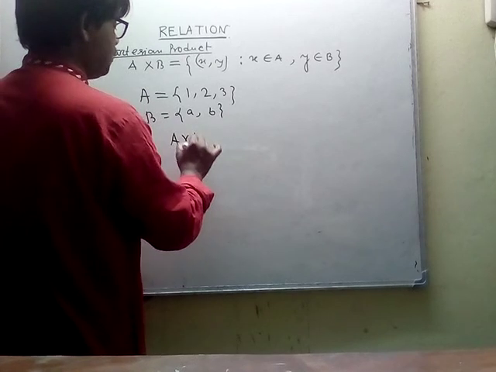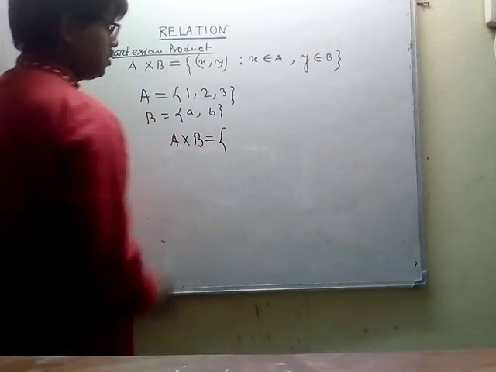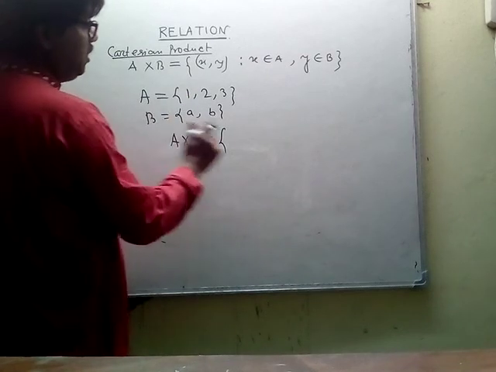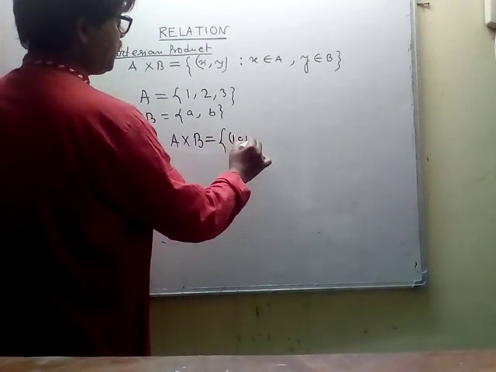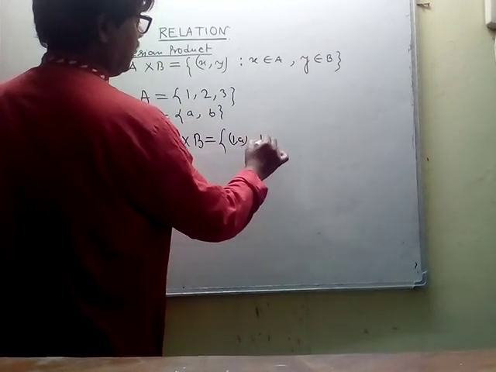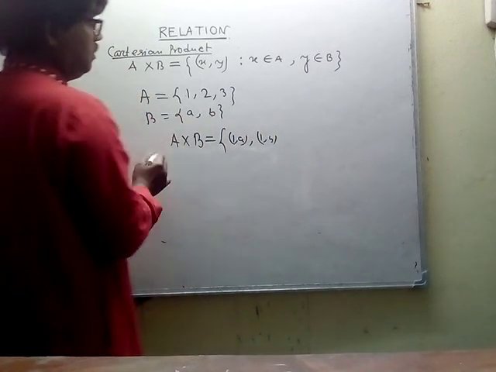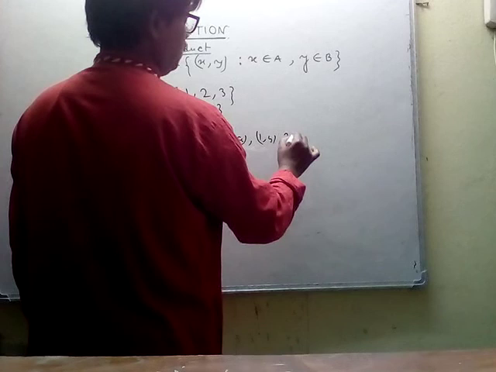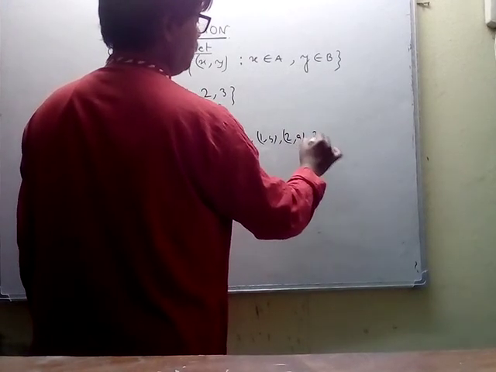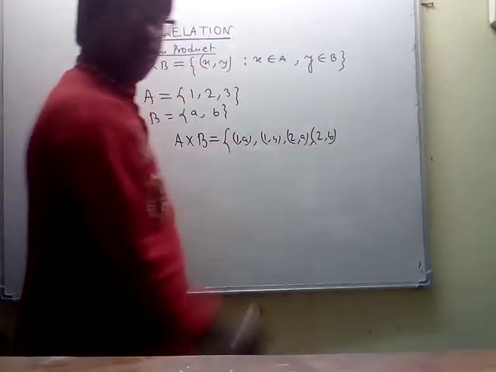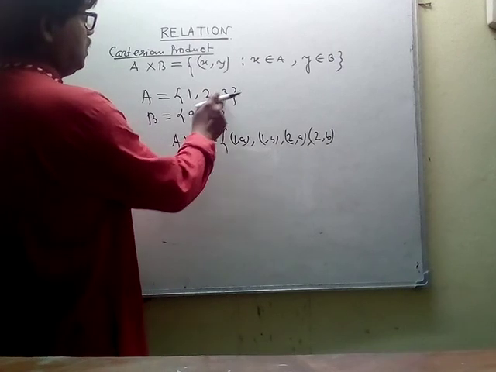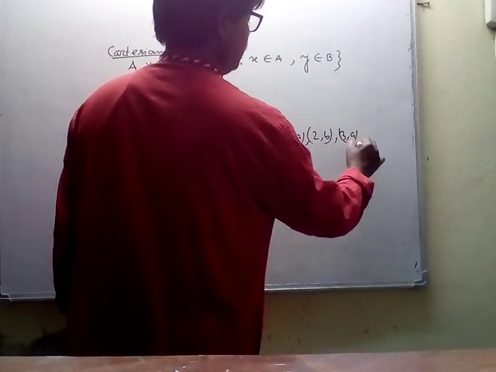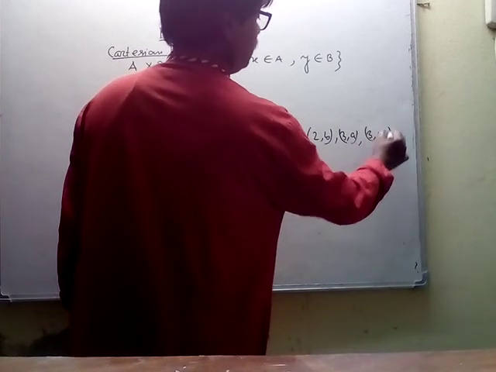Then A cross B equals the set of all ordered pairs: (1, a), (1, b), (2, a), (2, b), (3, a), (3, b).